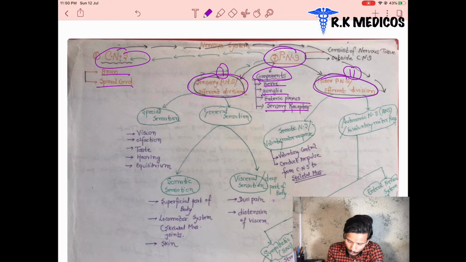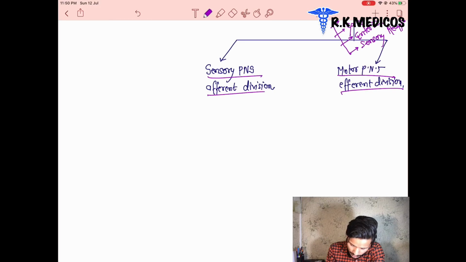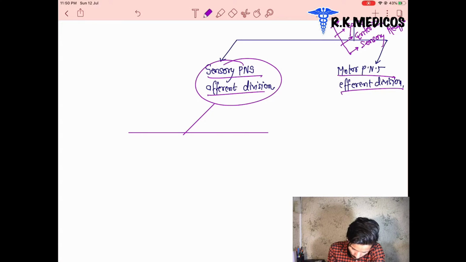After that we classify the sensory PNS or afferent PNS into two parts, special senses and general senses: special sensation and general sensation.